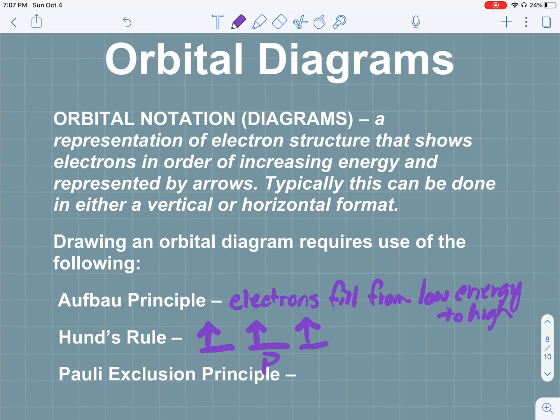Hund's rule says that when you have more than one orbital, so like in our P's, you will occupy each orbital in a sublevel before you go back and fill it. So if you have a P sublevel, you'd fill it 1, 2, 3, 4, 5, 6. It is easier for an electron to create a new orbital at that particular sublevel than it is for it to buddy up with another electron.